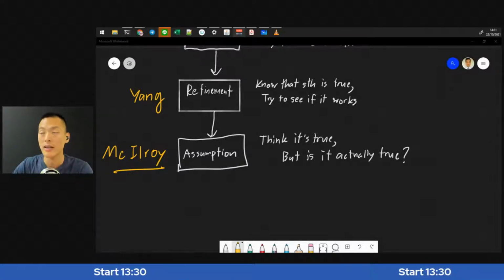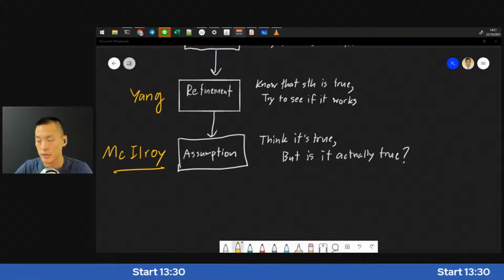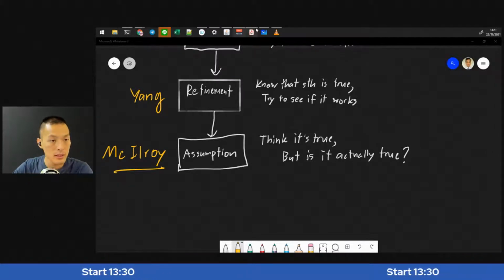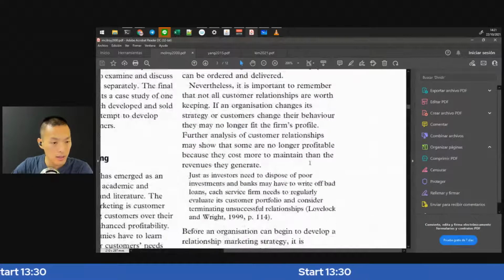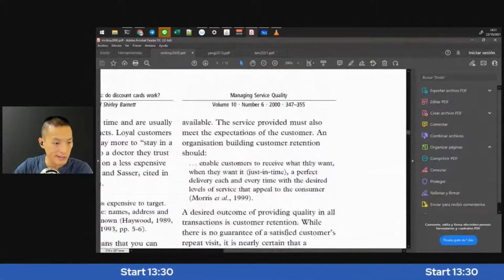You don't even have to go into the details. You're just asking, what if I change something and make this the assumption level of doing research? What if I change something and make it the refinement level of doing research? A fantastic exercise.